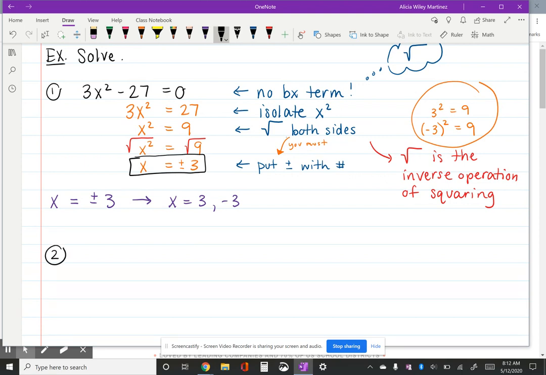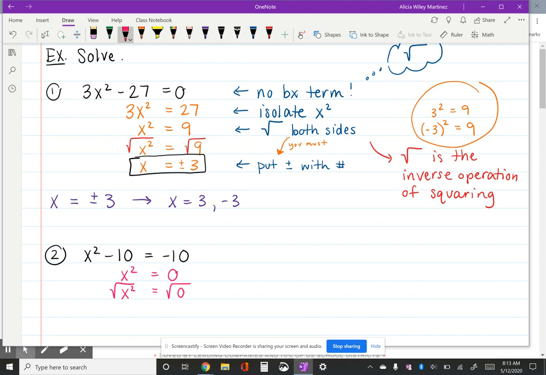Let's try x squared minus 10 equals -10. So again, we're going to isolate x squared by adding 10 on both sides. That gives me x squared equals 0. Square rooting x squared, square rooting 0.